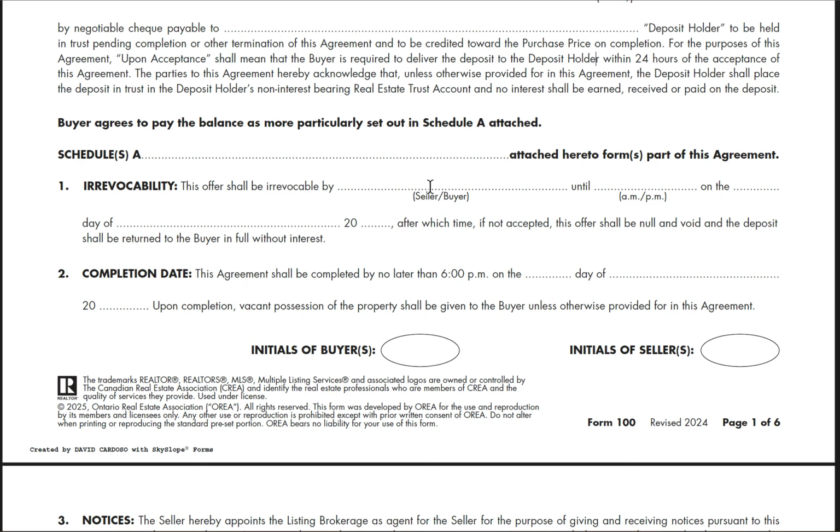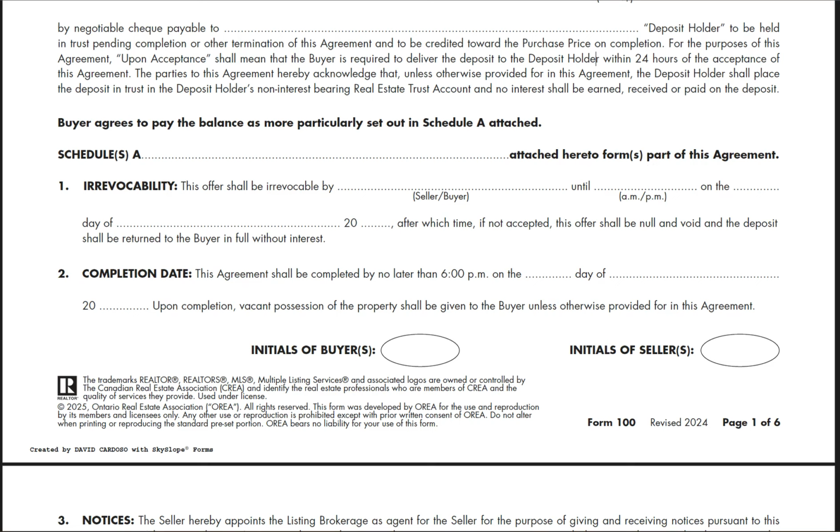They still have the option, of course: the seller would cross out the buyer section, put in the seller section, and then give them another certain amount of time, and that's all dependent on the scenario. So this can be a benefit or a detriment depending on how it's used, but it's more about making sure that both parties are moving the transaction along in good faith, and that's sort of the main thing here.